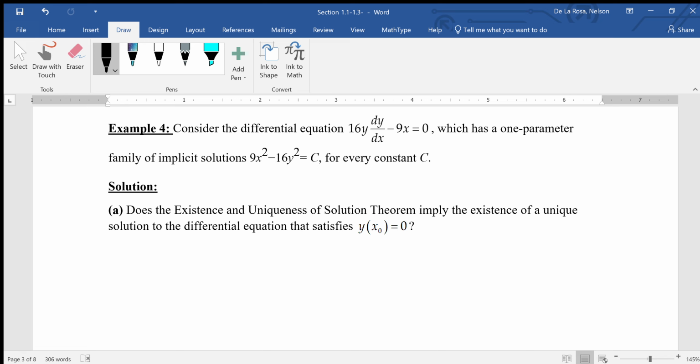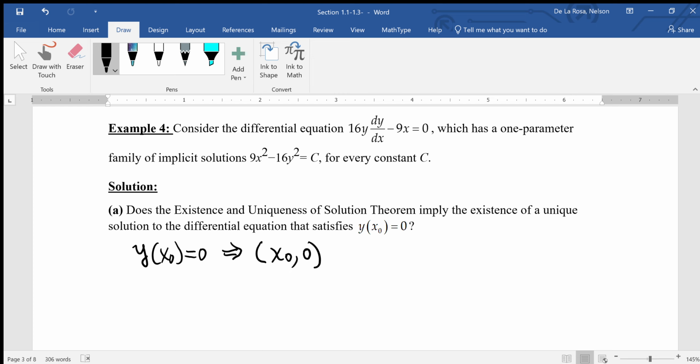Well, let's see something. If, for example, this condition is given, y at x sub 0 equal to 0, this condition is equivalent to the point x sub 0, comma 0, right? That's the same exact thing.